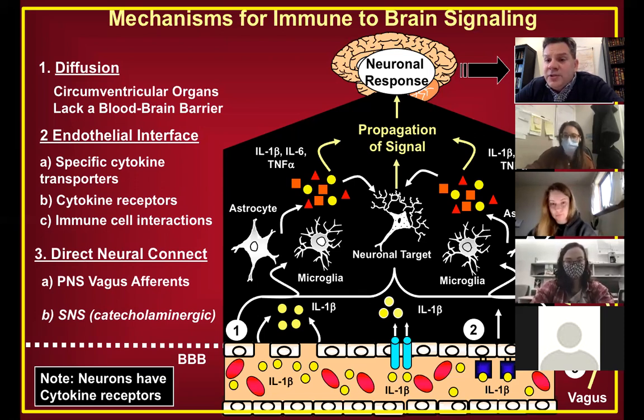And ultimately what you see is that there's a recapitulation of this signal. So some of the same cytokines that come in to signal the brain get amplified by microglia, CNS macrophages, maybe in part by astrocytes, and they ultimately work on neuronal targets. And why do they do that? Because neurons have cytokine receptors.